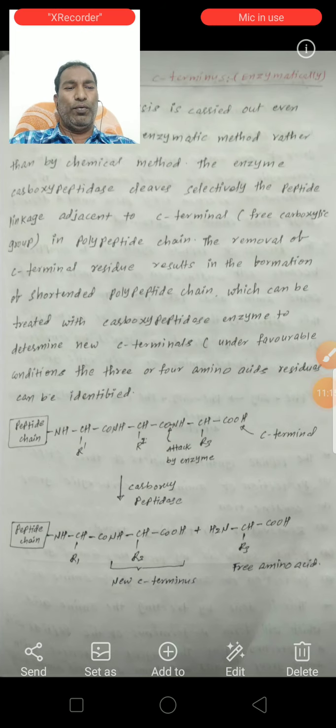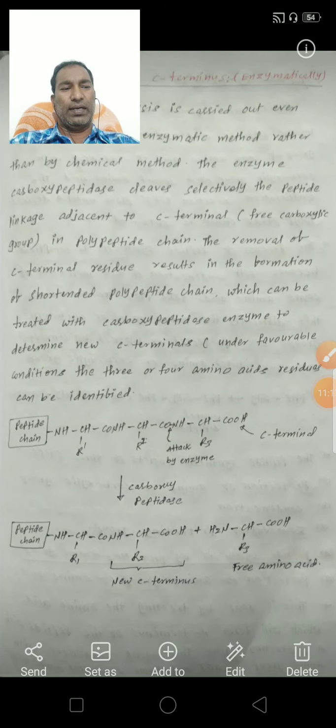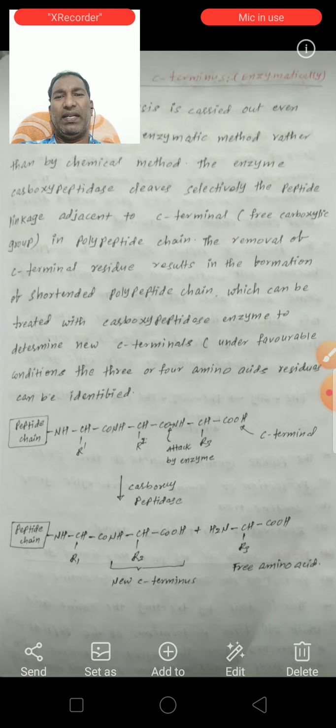The removal of the C-terminal residue results in the formation of a shortened polypeptide chain, which can be treated with carboxypeptidase enzyme again to determine the new C-terminal.